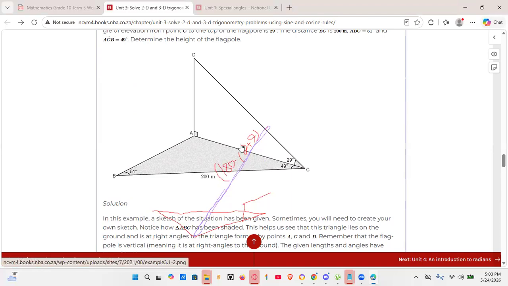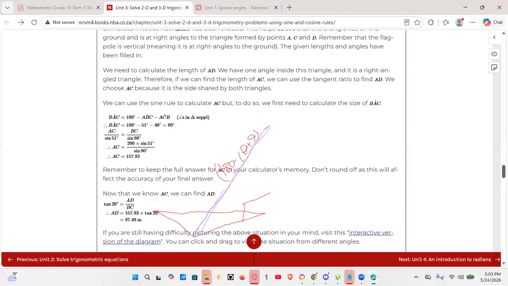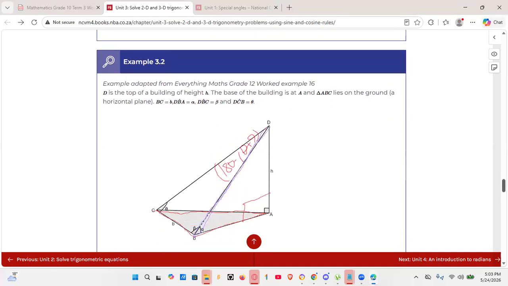We'll have to look at that special side, because you have to use the sine rule on that side in most cases. So I'll look at that side. I'll say h over sine alpha. This is why I want you to think in terms of the sine rule, because that's why you're getting confused. Just think in terms of the sine rule from now on, and forget the grade 10 stuff.